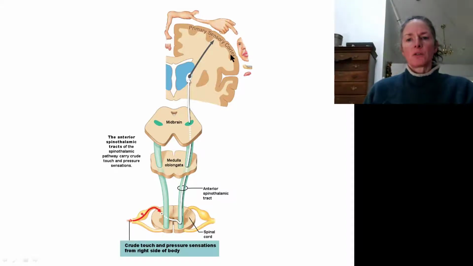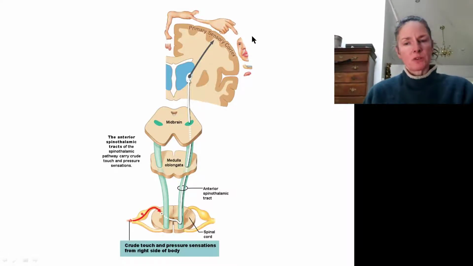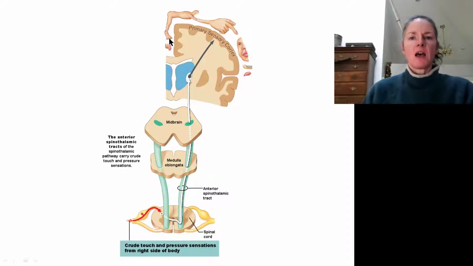One thing I want you to notice about the primary somatosensory cortex is this sort of body representation here. There is a map of the body on the primary somatosensory cortex. Just as we saw that in the primary motor cortex, certain parts of cortex control certain parts of the body. Certain parts of the primary sensory cortex will contain a map of sensation for a certain part of the body.